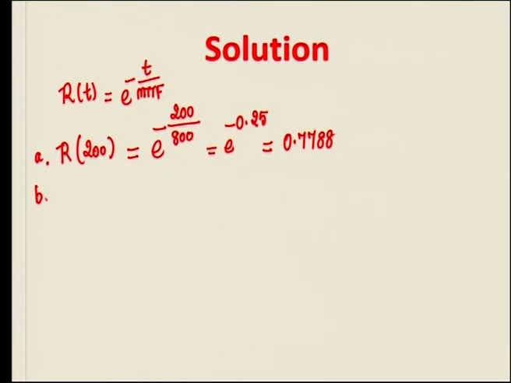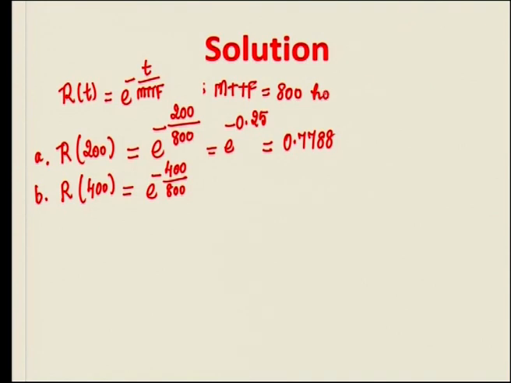Subdivision B asks for R of 400. This is given by e power minus 400 by 800, since the mean time to failure is given as 800 hours. So, R of 400 equals e power minus 400 by 800, which reduces to e power minus half, or e power minus 0.5.